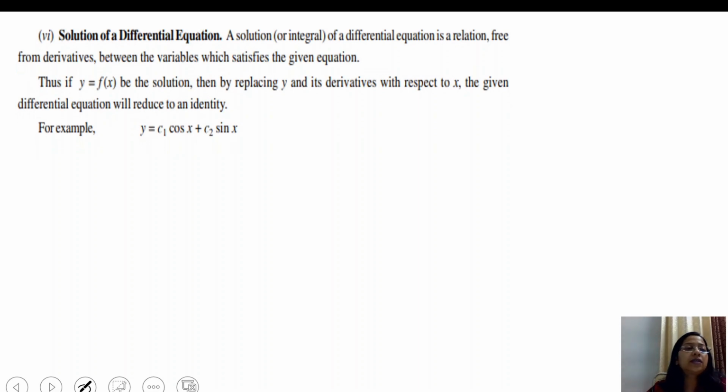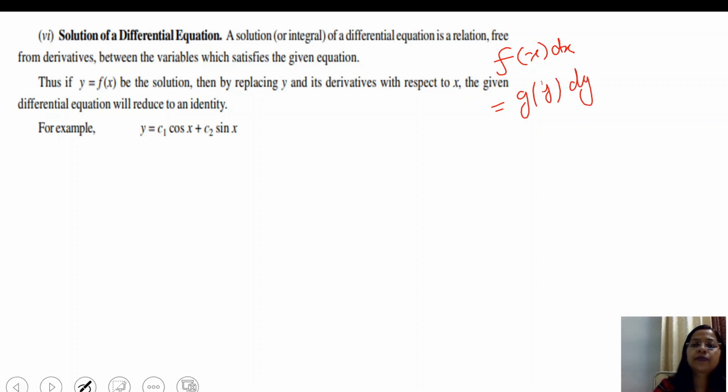Now let's switch to solution of a differential equation. What is the solution of a differential equation actually? So if we are given a differential equation like this, that we have fx dx is equal to some gy dy, it is easier to find out the solution.